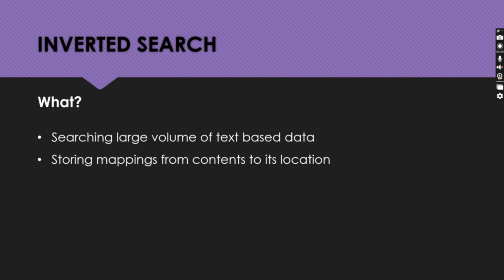Text-based means words or numbers. Here it stores mappings from contents to their locations. That means it stores the contents, the words or the numbers, and where they are located, like in a table or stored in the documents.